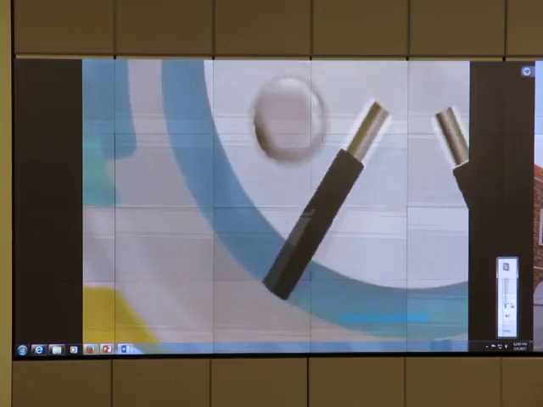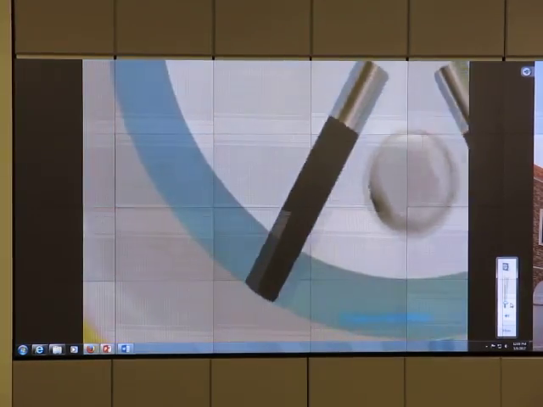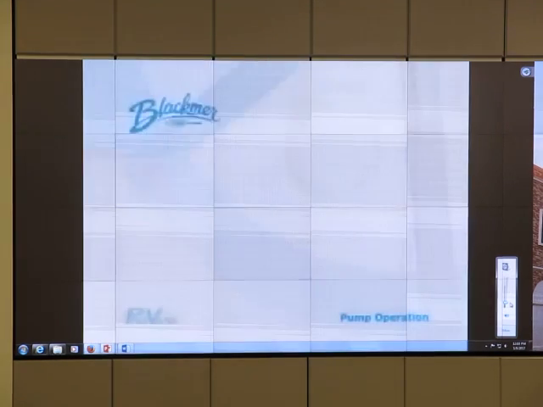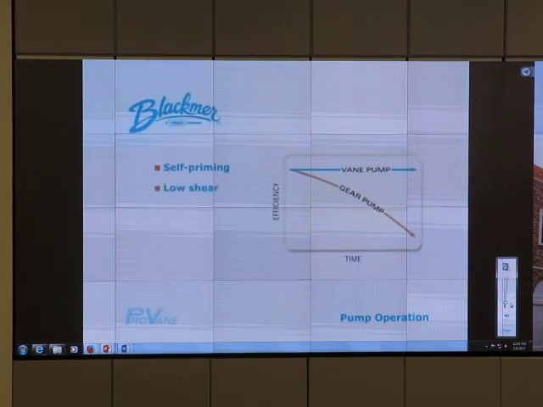Okay, and that's how liquid travels around the pump. Okay, that's a vent pump.